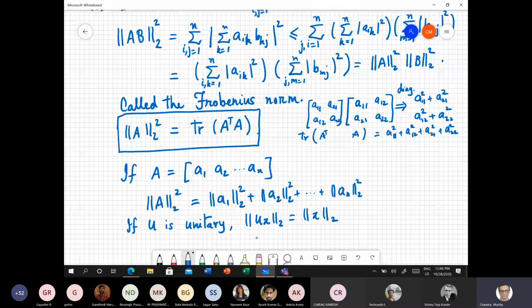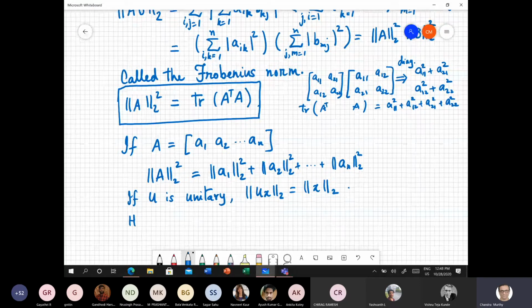The way to see this immediately is to recall that for vectors, the L2 norm squared is equal to x transpose x. So the L2 norm squared of Ux is equal to x transpose U transpose Ux, and U transpose U is the identity matrix. So that's the same as x transpose x. So this is true for any unitary matrix and for the L2 norm.